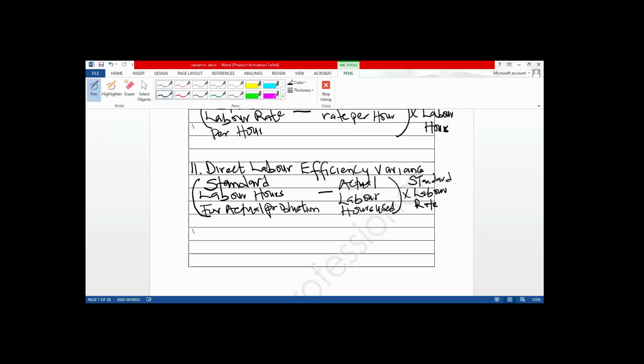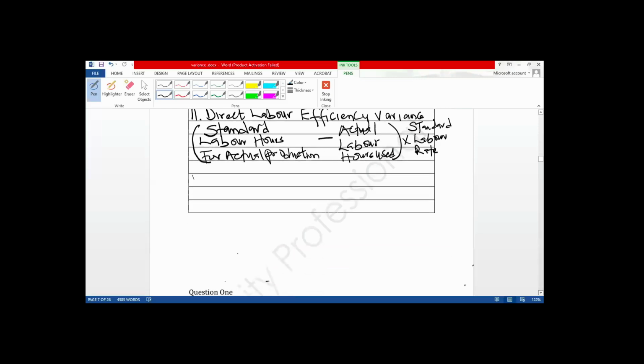That is how to calculate direct labor efficiency variance. If you are documenting it down, it's fine.